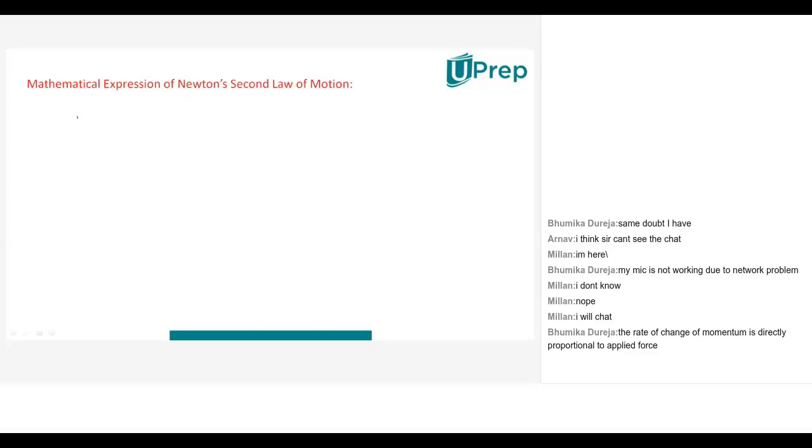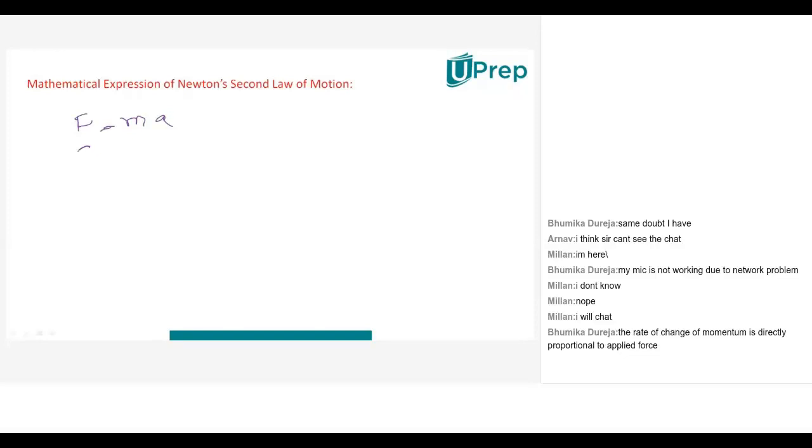Its velocity changed up to v in a time t. So the mass of this object is the same, mass will not change. Observe carefully. An object of mass m is acted on by external force F, and due to that the velocity of the object changed from u to v in a time t.